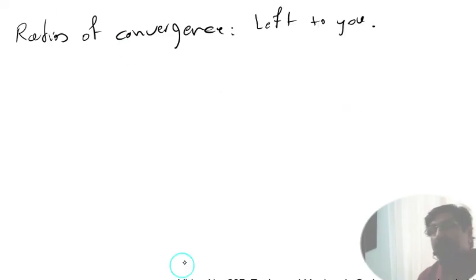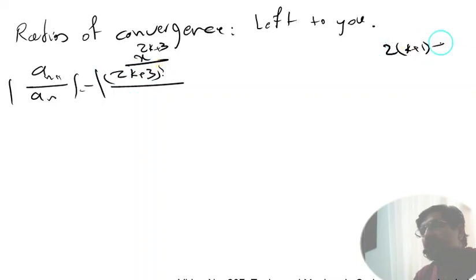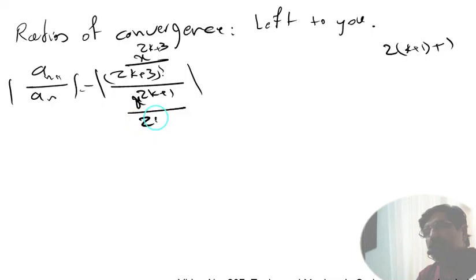Okay, for radius of convergence, take the absolute value of a_{n+1} over a_n: x to the power of 2k+3 over (2k+3) factorial, divided by x to the power of 2k+1 over (2k+1) factorial.